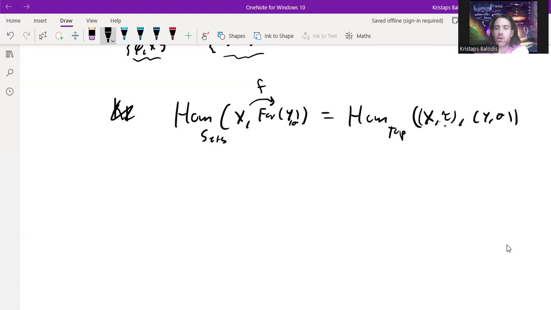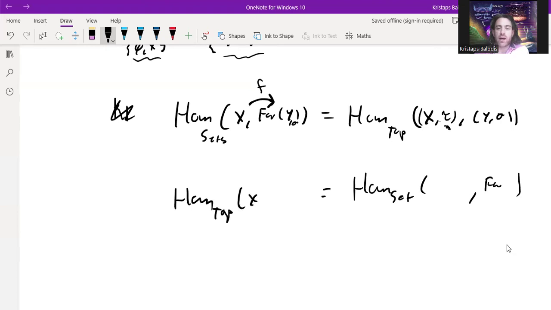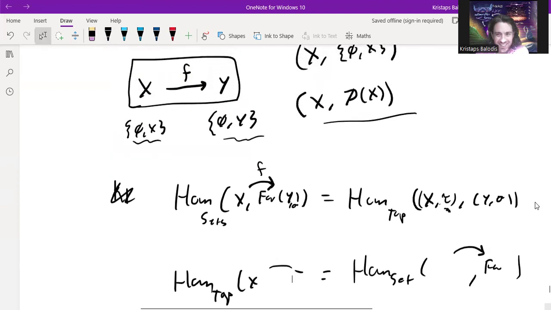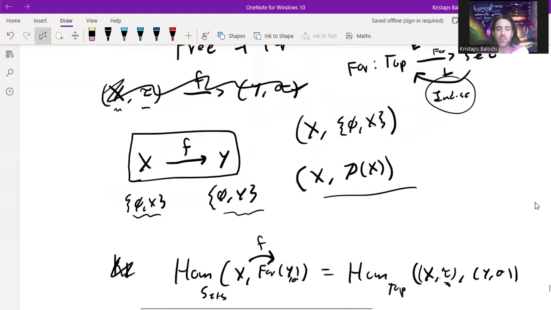So which topology do you put here that makes all of these functions continuous? And then by the same token, if you wanted to swap the directions, right? So you've got the forgetful functor over here. What's the other topology you put on X to make, if you started with all functions here, continuous? Okay, that fell apart a little bit, but I'll let you guys look that up.